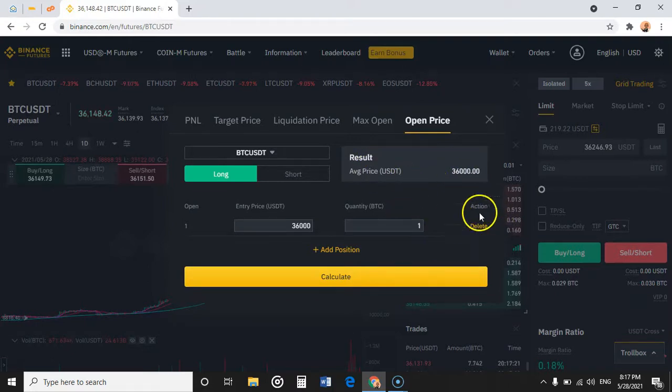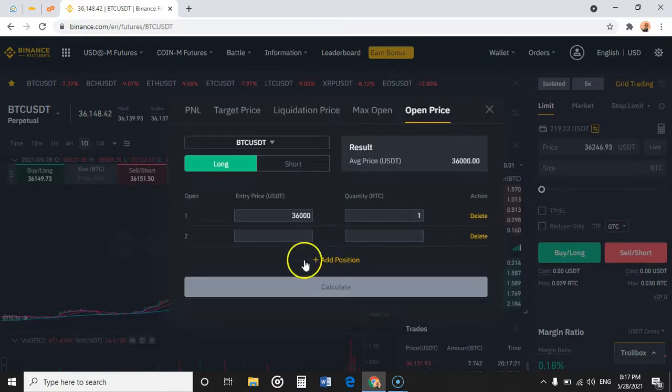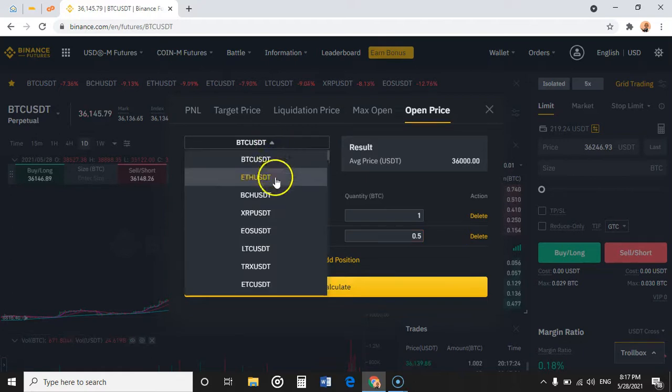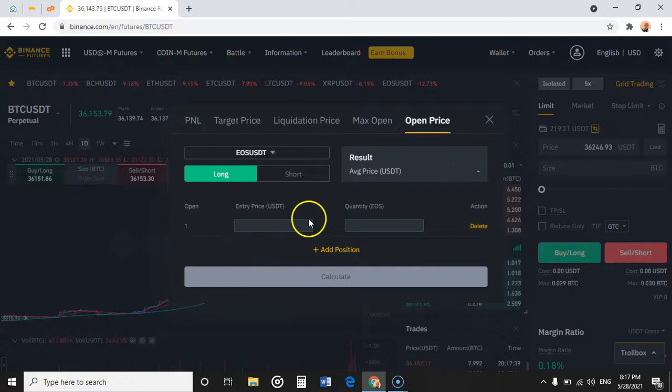So you need to get all this information correctly. If you like, you can add more positions and say, okay, what if you had a position at $38,000? Okay, let me make it 0.5 Bitcoin.